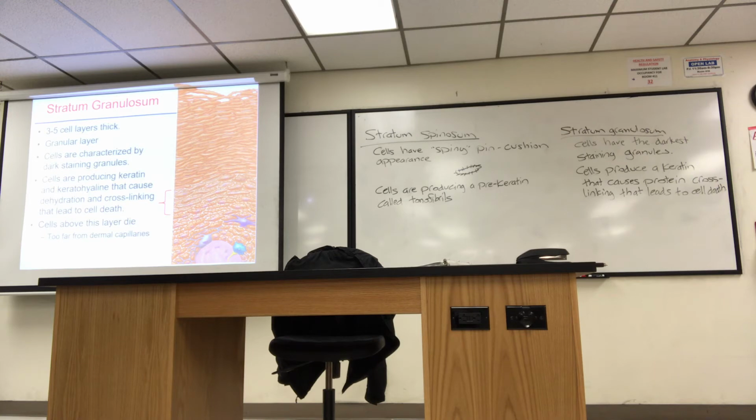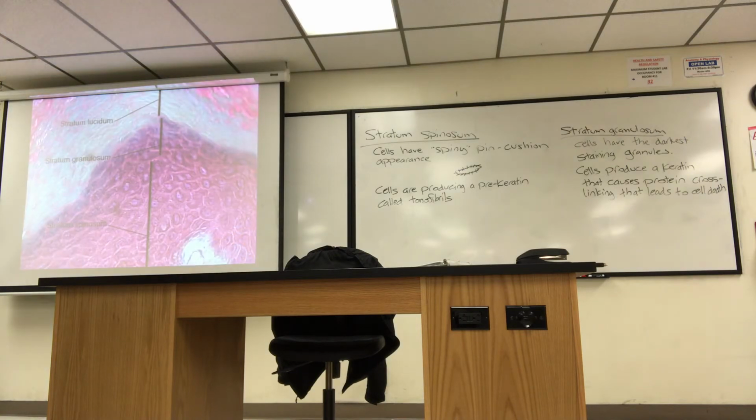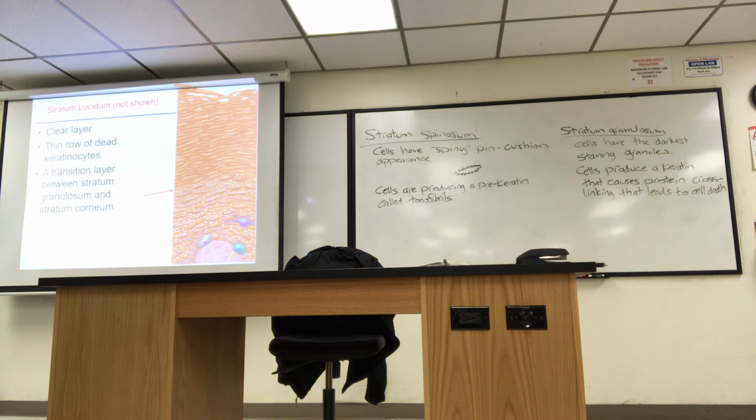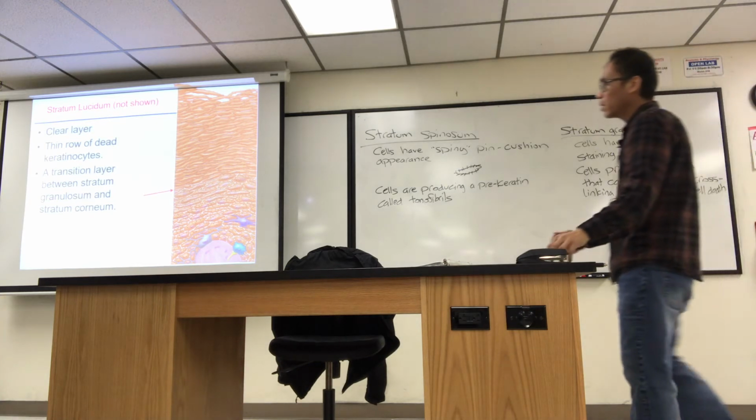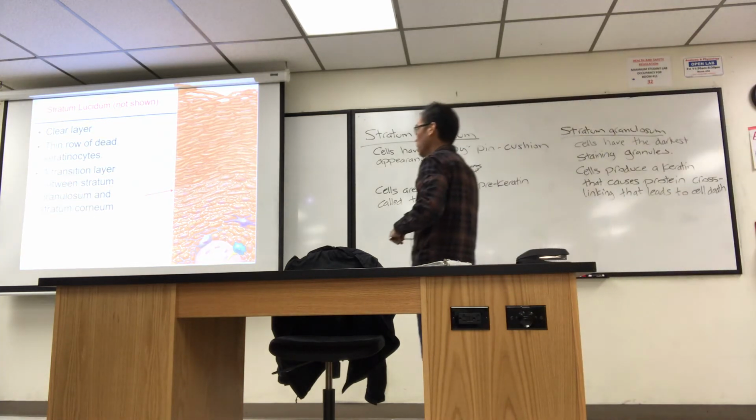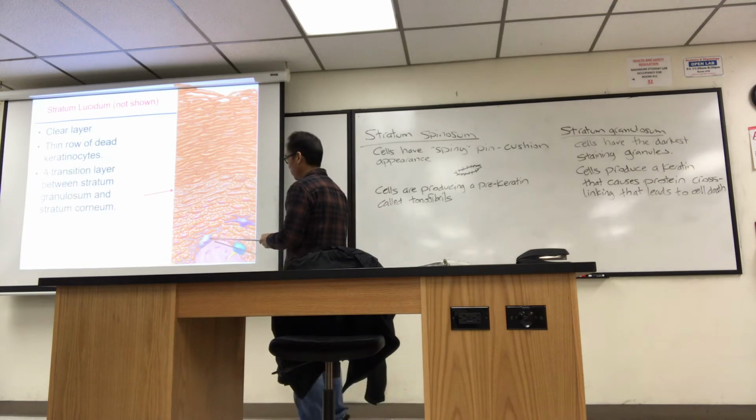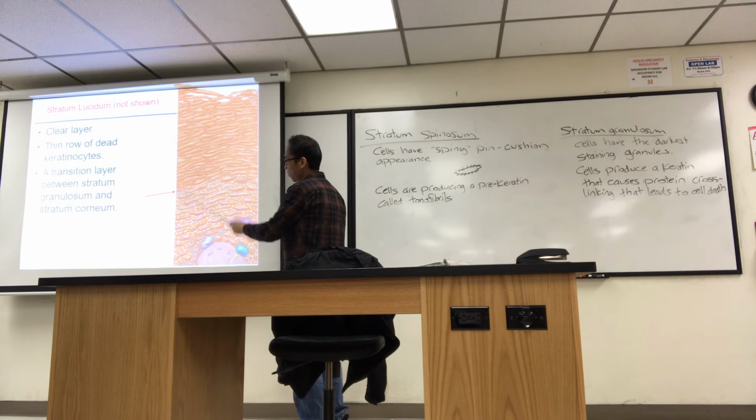So the layer above it is the lucidum. So there's spinosum, granulosum, the darkest layer, and the lucidum right above it, which is just clear rows of dead cells. So stratum lucidum, on our picture, they don't really show a clear layer of cells, so I just point to where it would be. Basale, spinosum, granulosum, lucidum would be right in there.